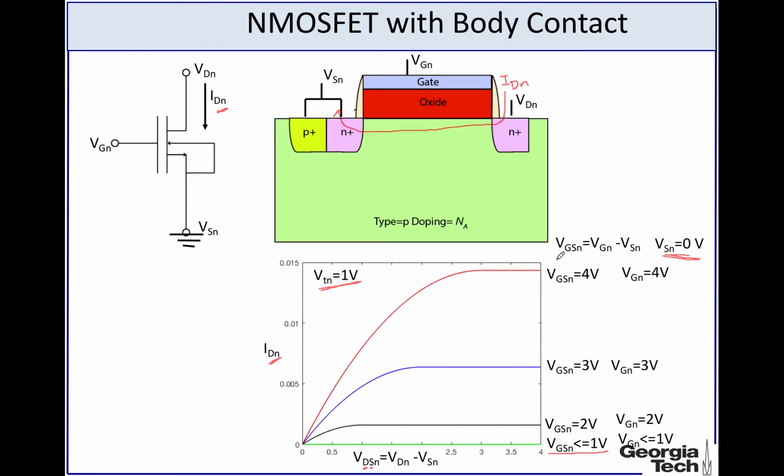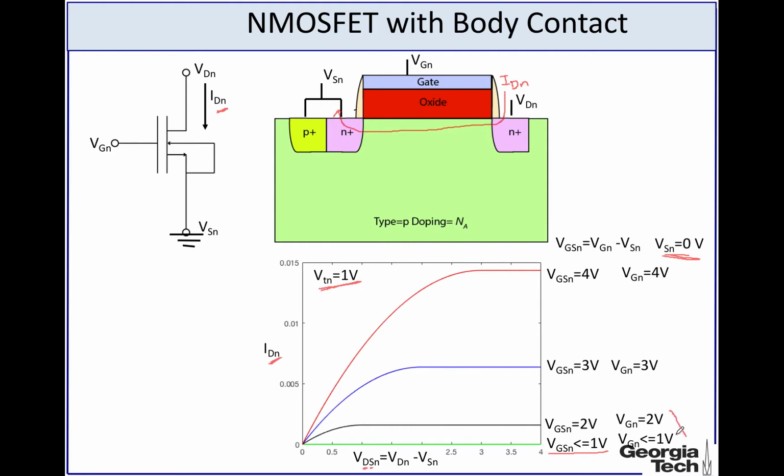Now what is VGS? VGS basically means the gate voltage with respect to the source voltage of this N-type MOSFET. In this particular example, because VSN is grounded, it is equal to 0. So if VGSN is 4 volts, then VGN is 4 volts. Similarly, when VGSN equals 3 volts, VGN is 3 volts, and similarly for these two cases.